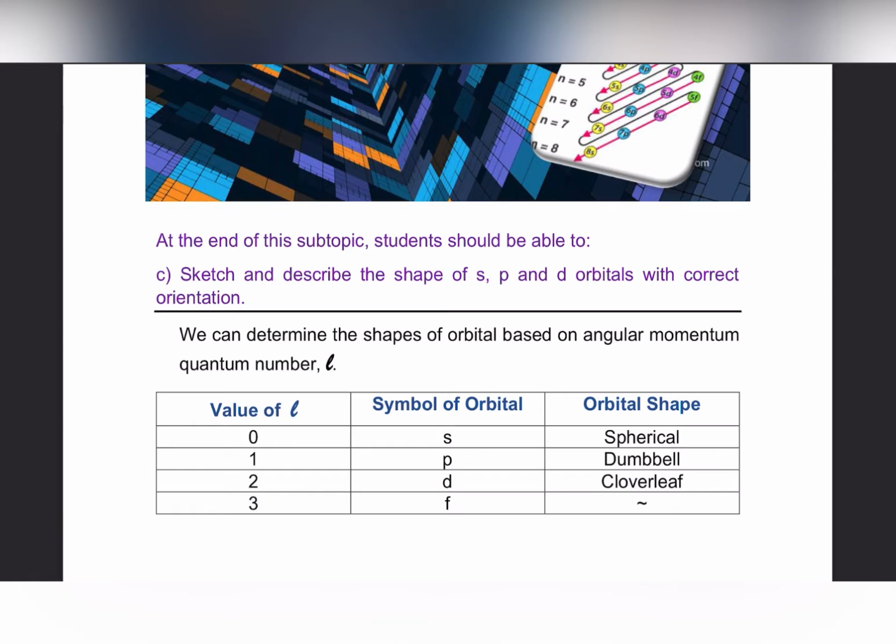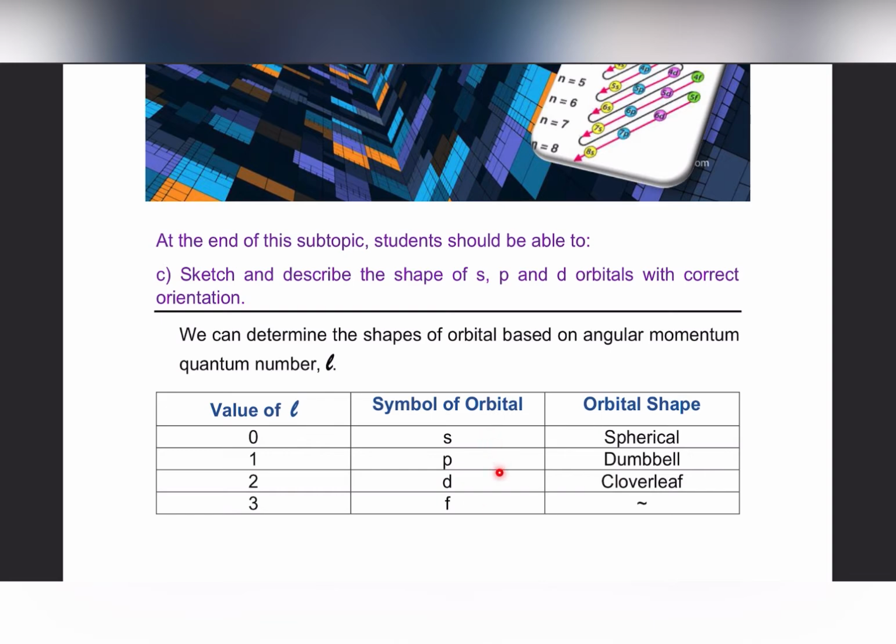The first thing that you have to know is that you've learned about the angular momentum quantum number L in the previous videos, where from the L value you can determine the shapes of orbitals. Here I have the values of L from 0, 1, 2, 3, and the symbol of the orbital respectively: 0 for s orbital, 1 for p orbital, 2 for d orbital, and 3 for f orbital.